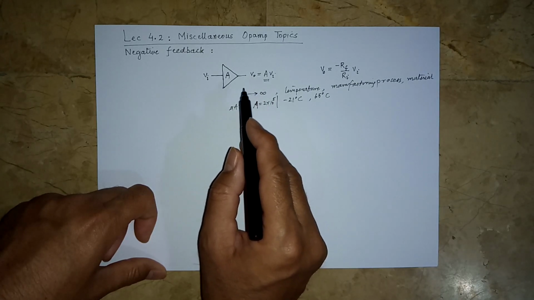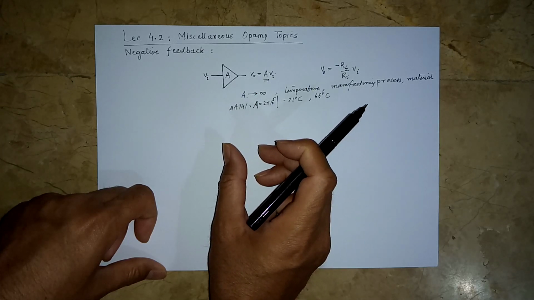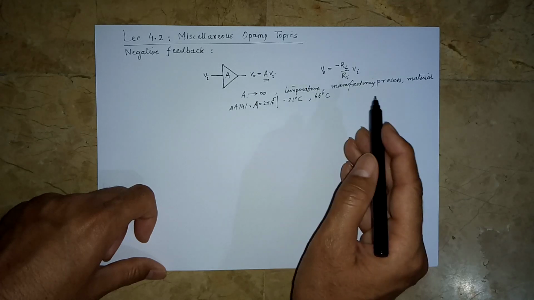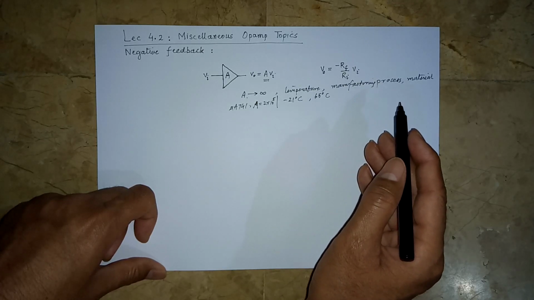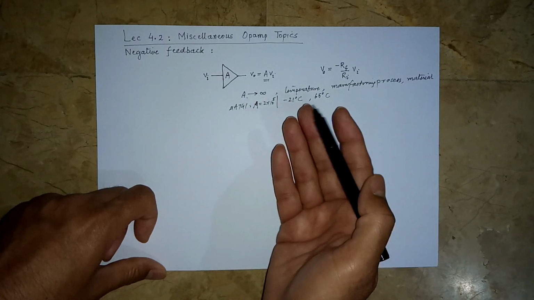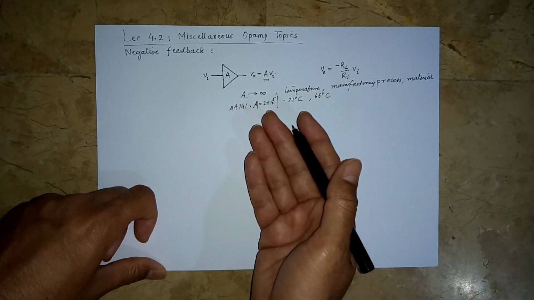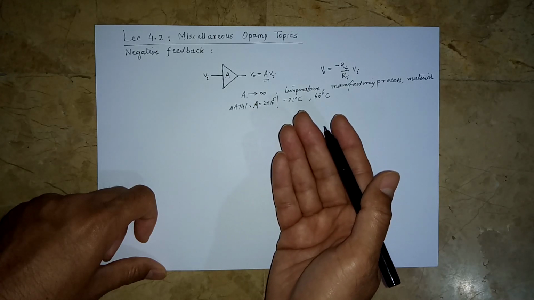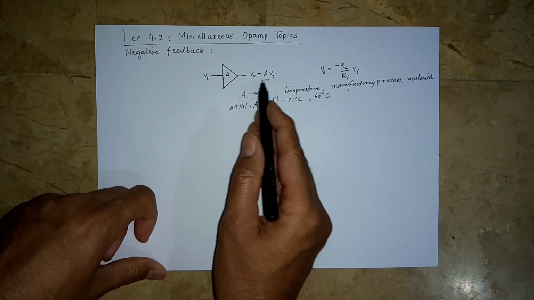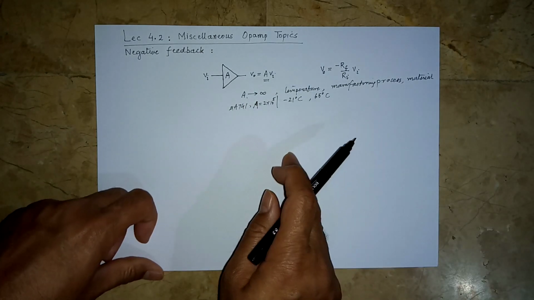Even the A of the same op-amp can vary, and from that same manufacturing process, the various op-amps that are being produced in hundreds can all have different A's. So how would it sound to have an op-amp for which you don't know what the actual A is? We cannot reliably use them in circuits and say, okay, this is the input and we are going to get this much output, and that too will change.